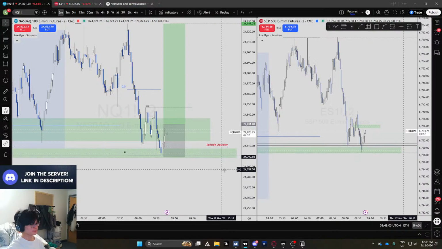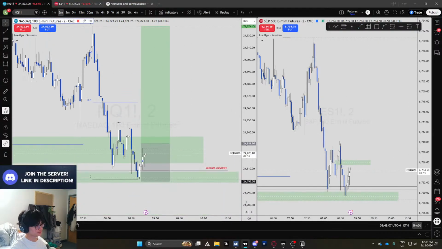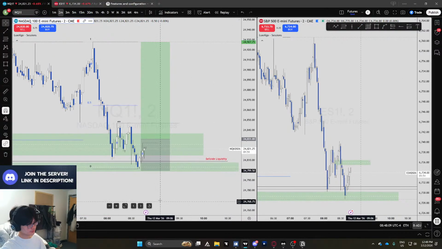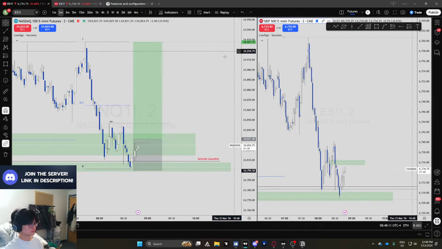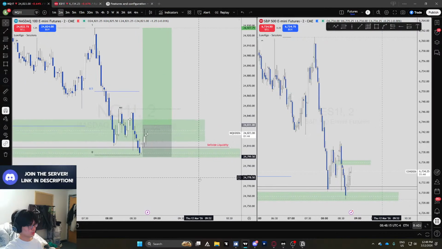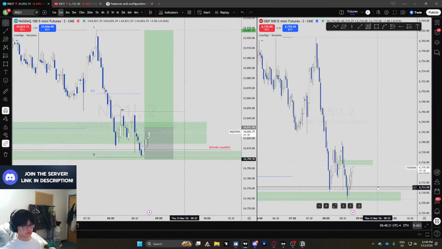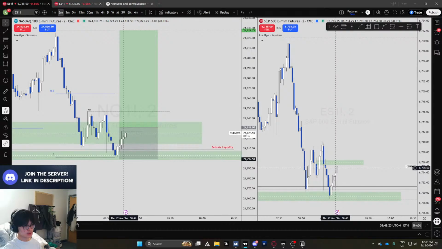Nice swing high. This itself would be a mark short shift if we break that high. Already broke out on ES.